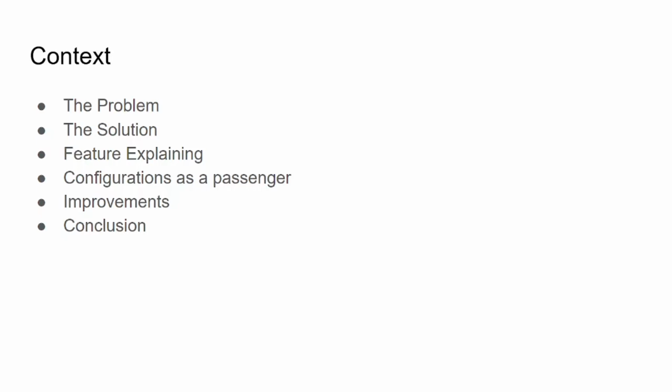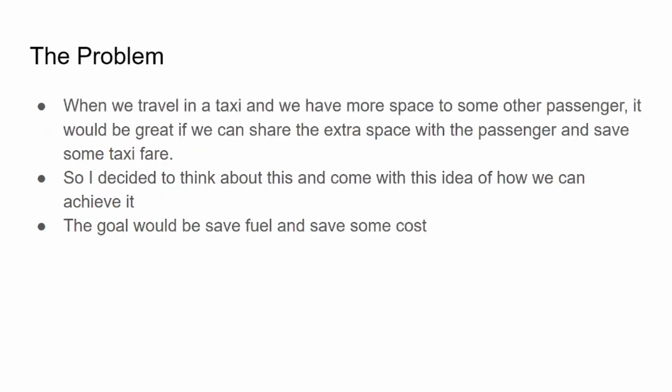Then I will talk about what are the configurations as a passenger that we can have, and then I will talk about some kind of improvements if we are more keen on this feature, and then finally I will be talking about the conclusion. Okay, so moving on, first the problem.